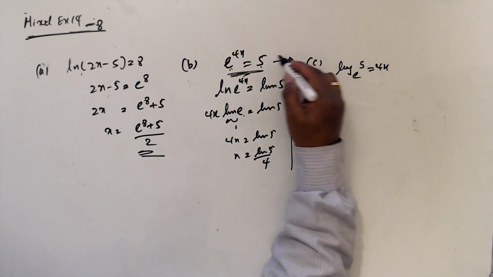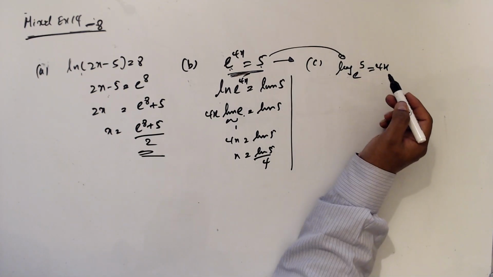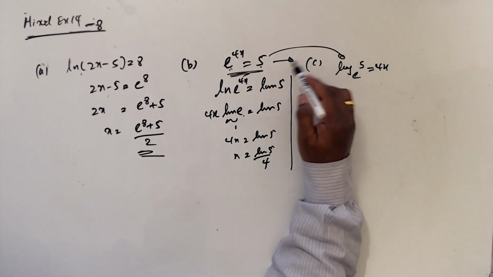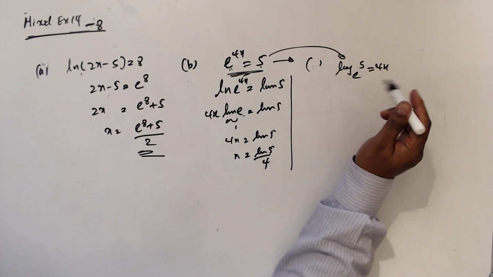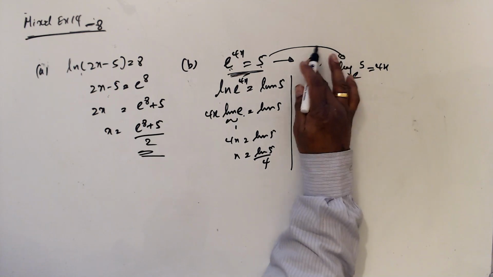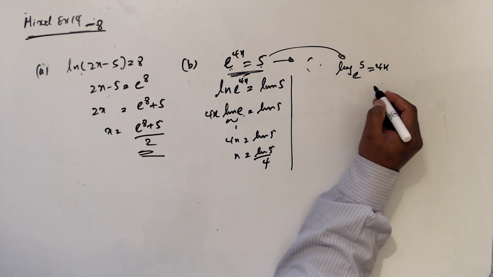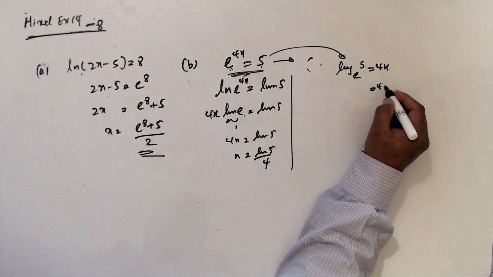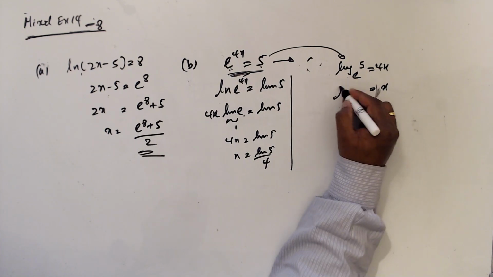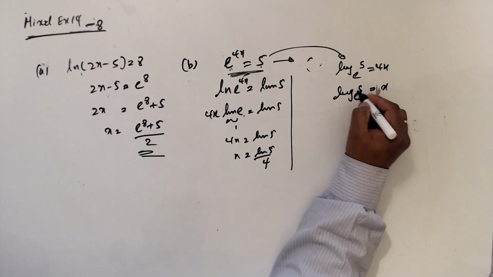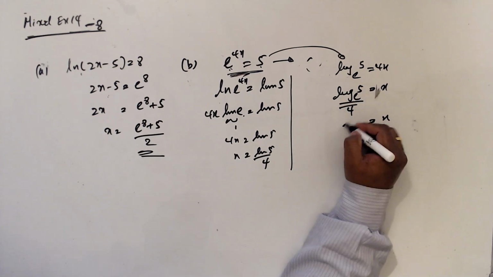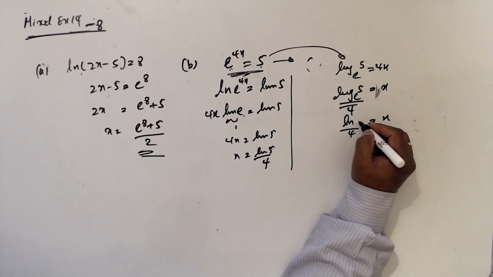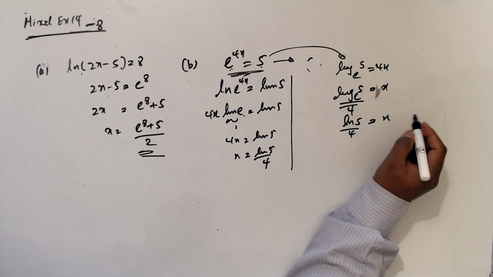So for the first principle, then x equal log e base 5 divided by 4. Log e base 5 means ln 5 divided by 4.